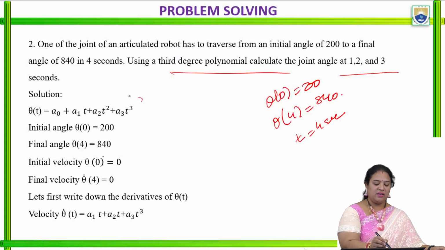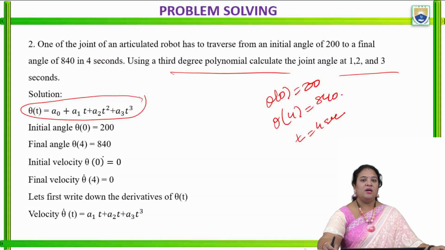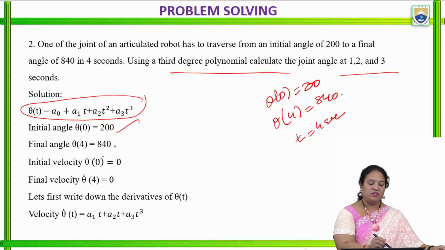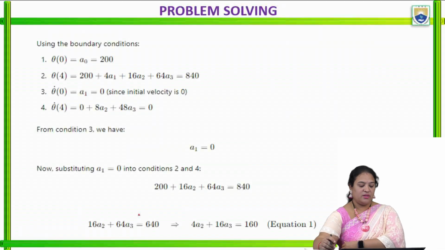So the equation is theta of t is equal to a0 plus a1t plus a2t square plus a3t cube. So theta of 0 is 200, theta of 4 is 840, and the angular velocity at 0 and at 4 are both 0. As per the angular velocity equation, a1 plus 2a2t plus 3a3t square.